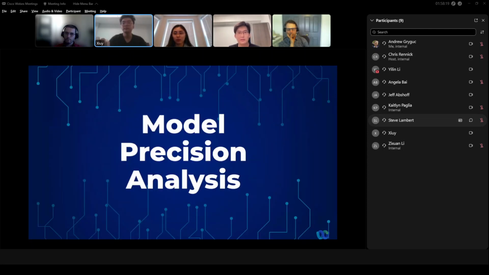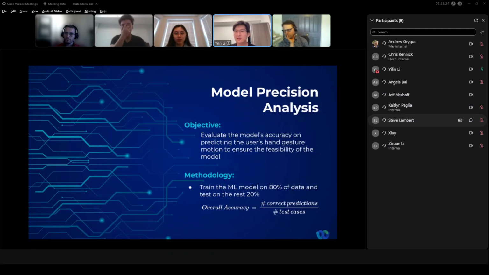Next, I will talk about the machine learning model precision analysis. For the precision analysis, the objective is to evaluate the model's accuracy on predicting the user's hand gesture motion to ensure the feasibility of the model. The methodology for evaluation is we first train the machine learning model on 80% of the collected data and test on the remaining 20% of the data.